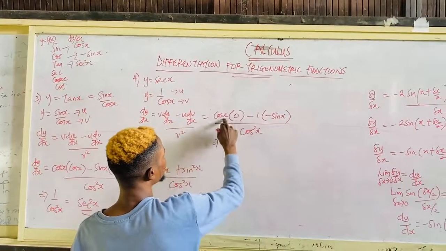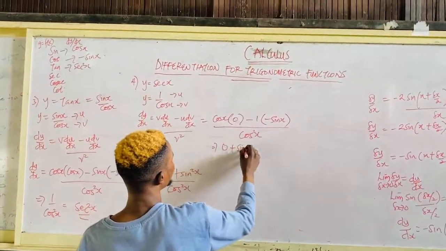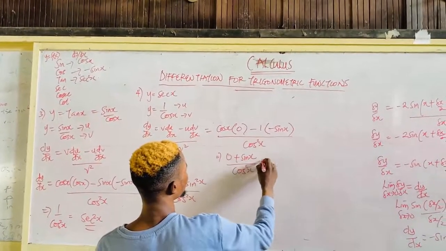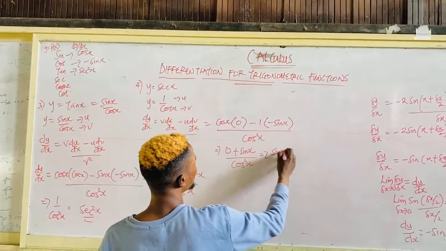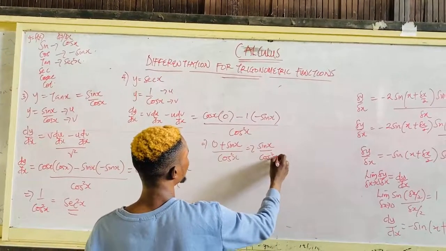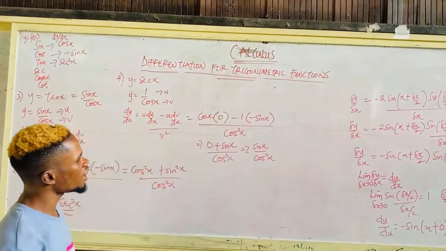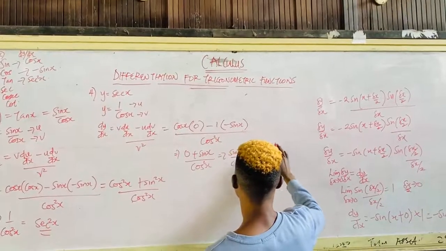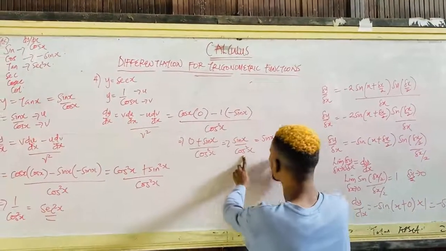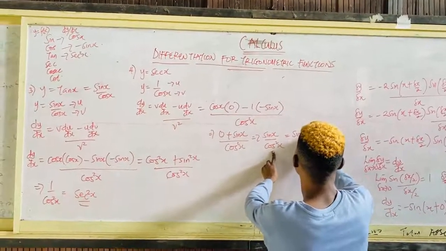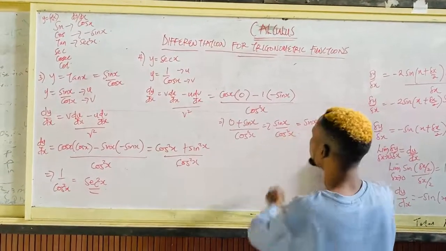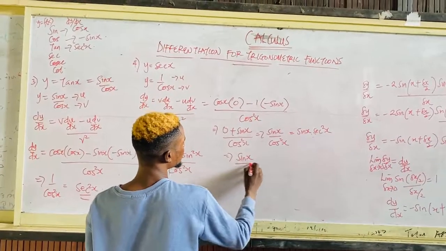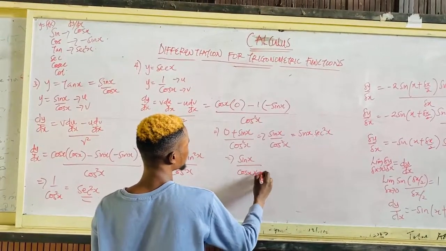So over v squared, that's cos square x. So the answer is 0 plus sin x all over cos square x, which is sin x all over cos square x. Now this sin x over cos square x is the same thing as sin x over cos x times cos x.